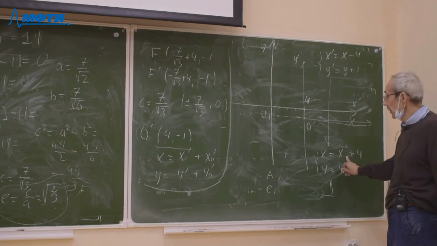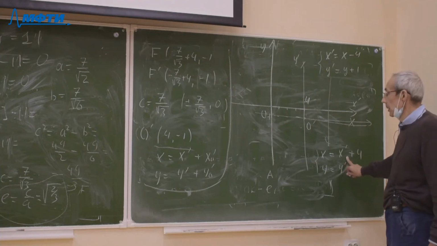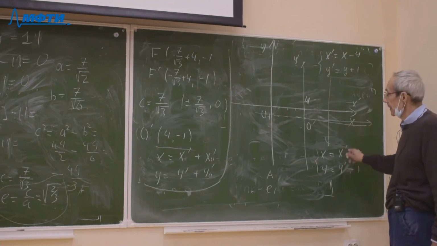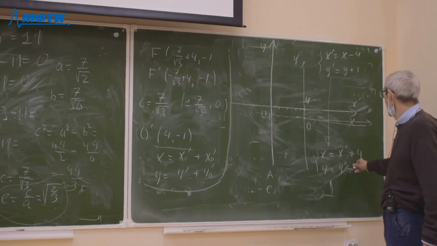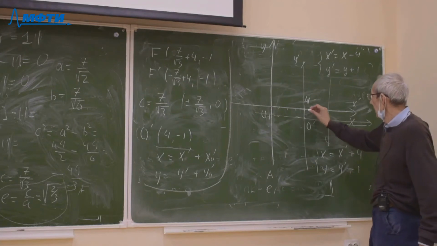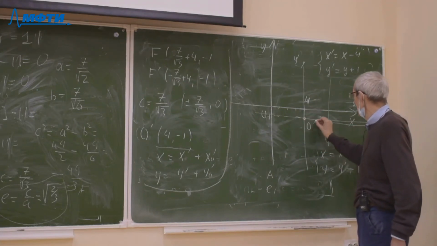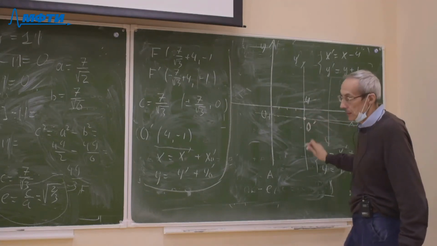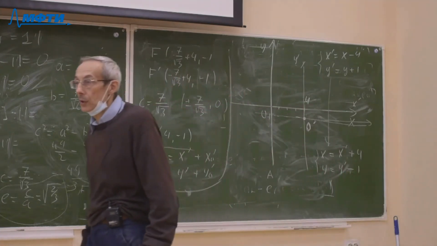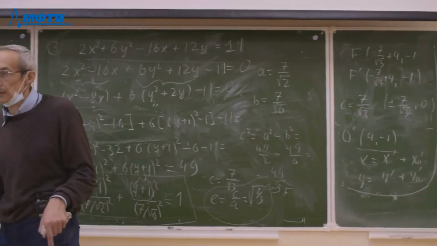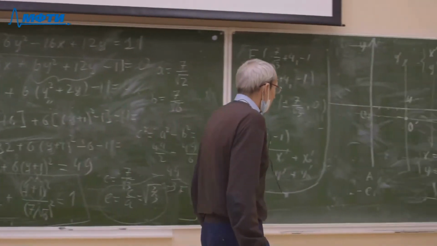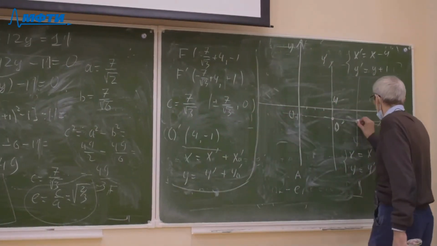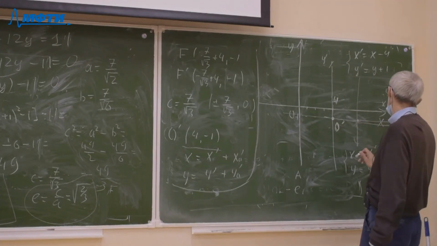And the origin of the new coordinate system has in the old coordinate system the coordinate 4, minus 1. Do you understand? Yes. Okay.